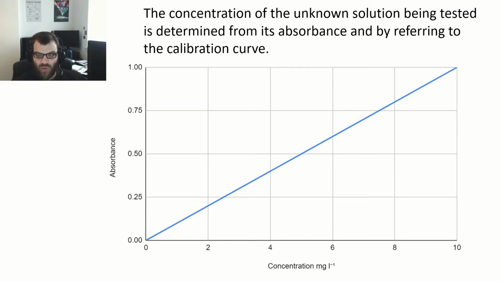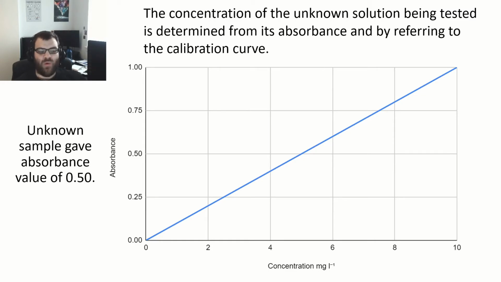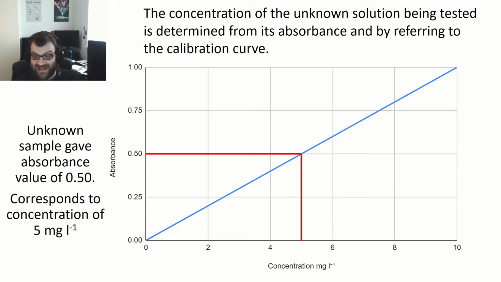We look at our unknown sample and we determine its absorbance. We can then run the line across to our calibration curve and then down, and we can determine that in this case, if the sample had an absorbance of 0.50, we would have a concentration of 5 milligrams per litre.